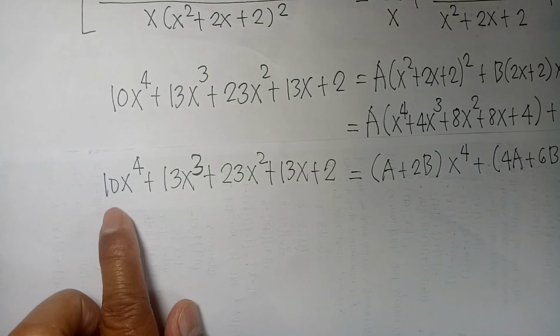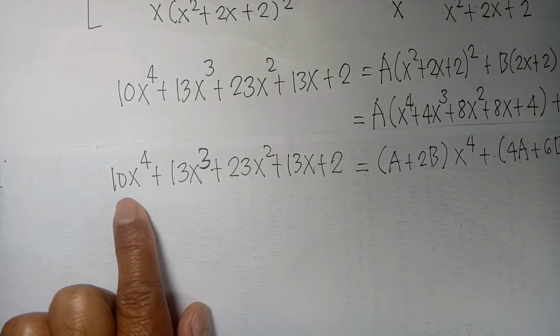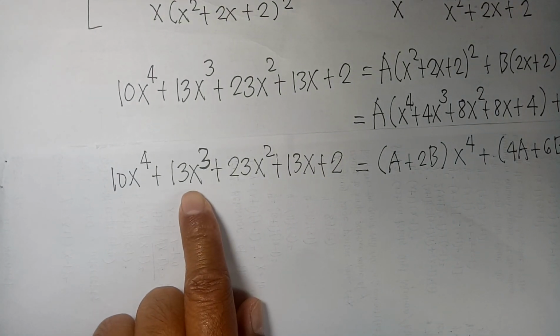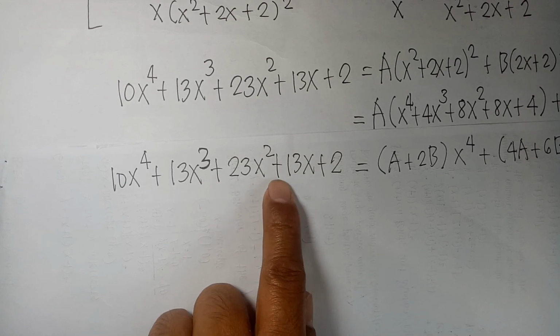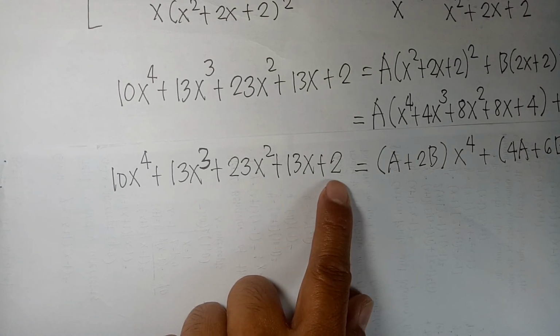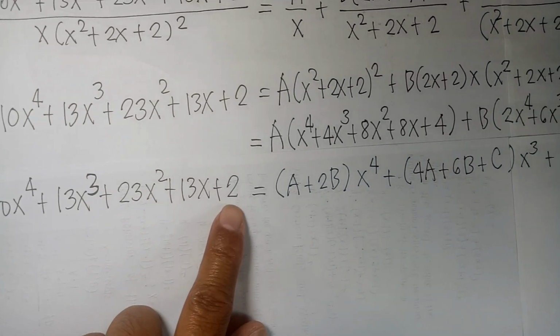So, dito, meron tayong 10x to the 4th plus 13x cubed plus 23x squared plus 13x plus 2 equals, no?